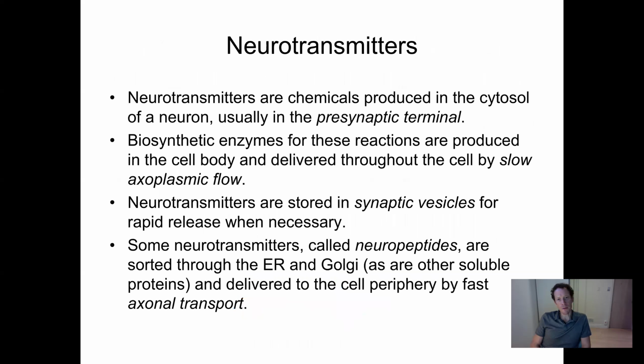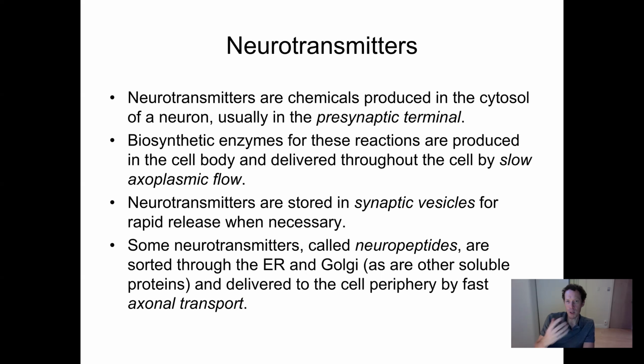Neurotransmitters are very important because they're chemicals that are produced in the cytosol of a neuron and are stored in the presynaptic nerve terminal. There are a number of biosynthetic enzymes that are important for these reactions in producing neurotransmitters, and they're delivered from the cell body to the nerve terminal by slow axoplasmic flow.